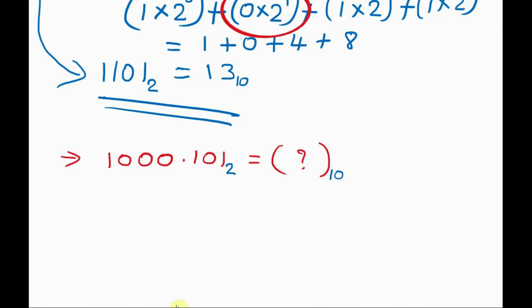So this is the binary number. Convert this to decimal. First we will write the given binary number: 1000.101.